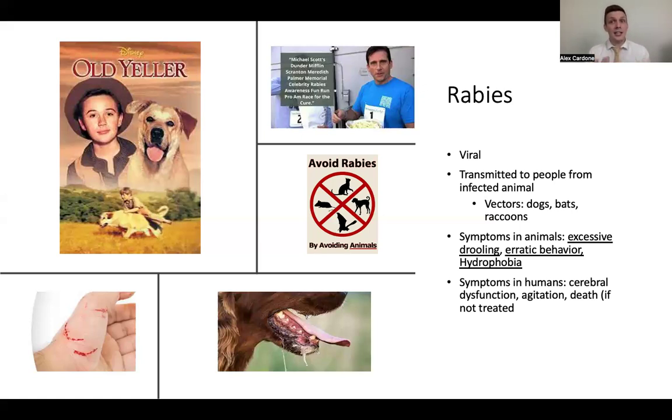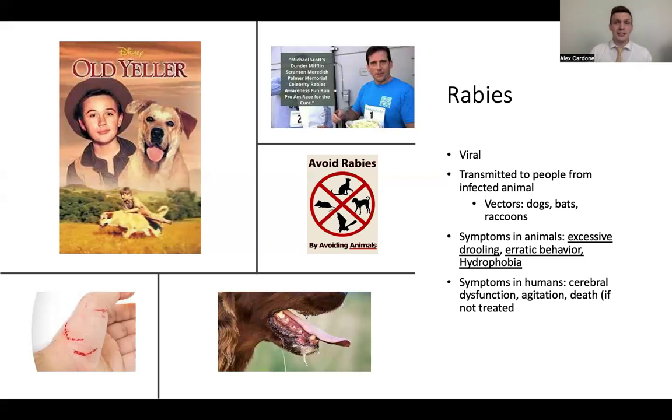That could be a sign that it may have rabies. Also, Michael Scott brought this up, but rabies causes a fear of water, or hydrophobia. That's actually correct, in that rabies can cause an irrational fear of water if you're infected.